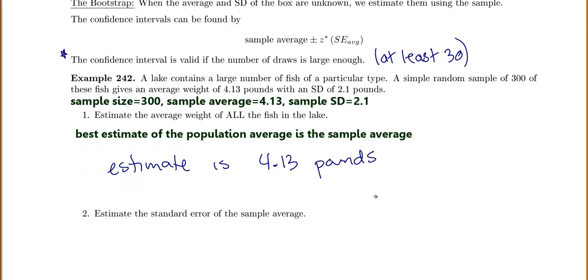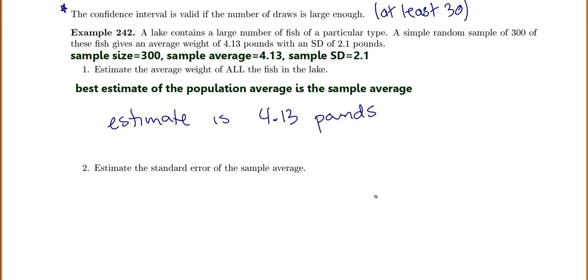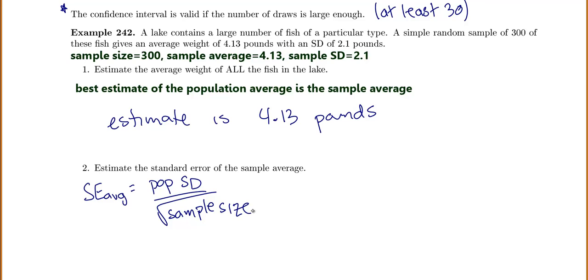Now let's estimate the standard error of the sample average. So standard error for average, if you remember back into our last video, is the population standard deviation over the square root of your sample size. But there's a slight problem here, right? We don't know the population standard deviation. So instead, we're going to have to estimate it with the sample standard deviation over the square root of the sample size.